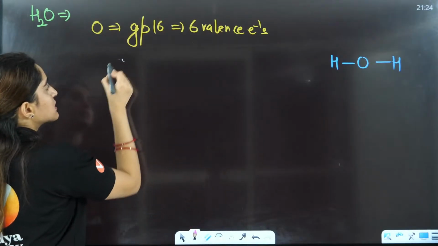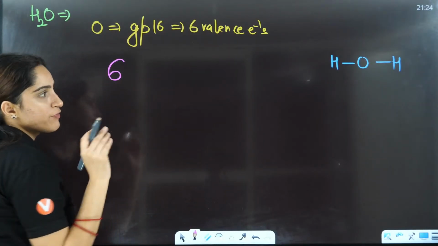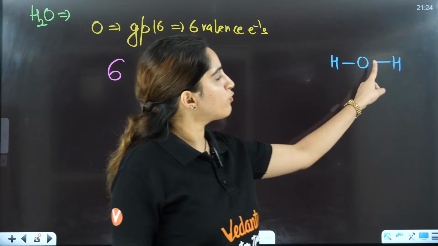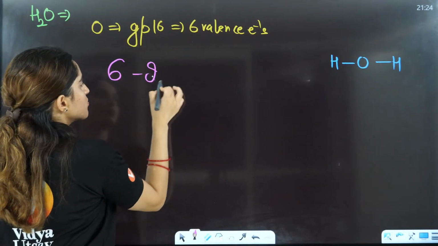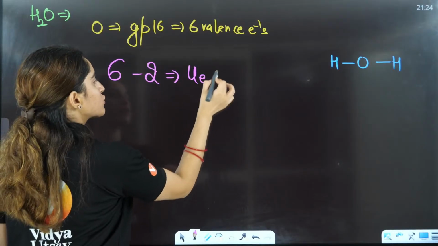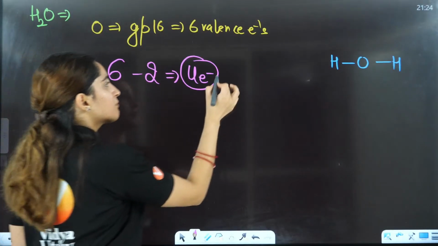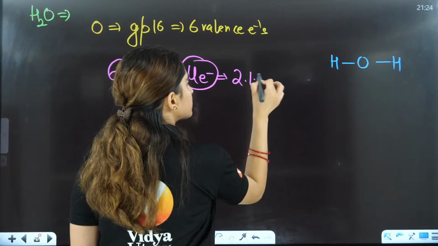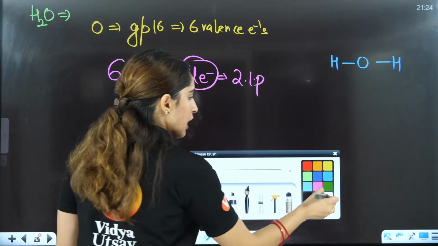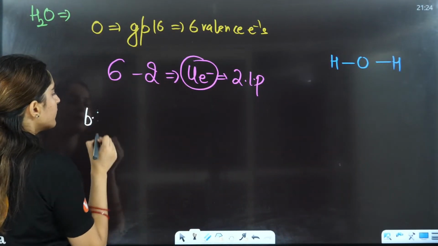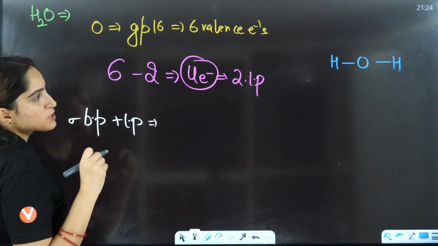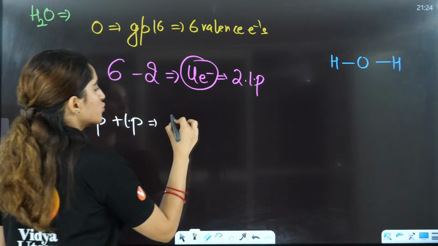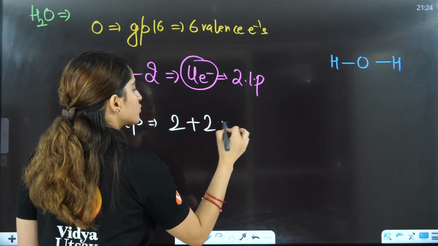So, let's see. 6 is the number of valence electrons, out of which 2 valence electrons are busy in making bonds, right? So, minus 2, it will be 4 electrons. That means it will be 2 lone pairs. Now bond pair plus lone pair. Sigma bond pair is 2 plus lone pair is 2, that is 4.